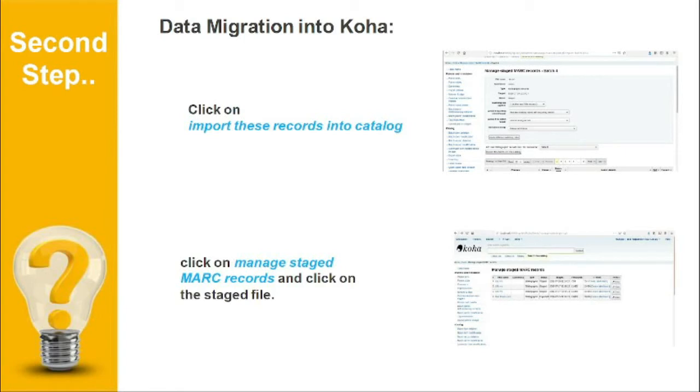When the records are staged, we will click manage staged MARC records. There, on the particular file, we can see the staged MARC files. You will click on the particular MARC file and click on import these records into catalog.